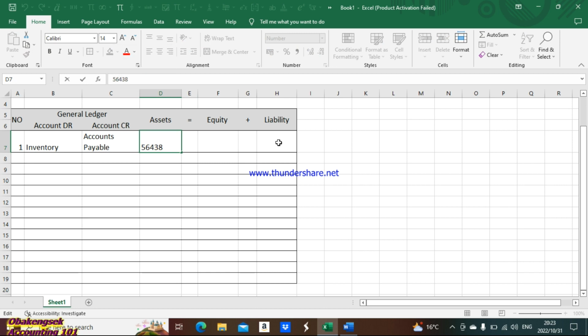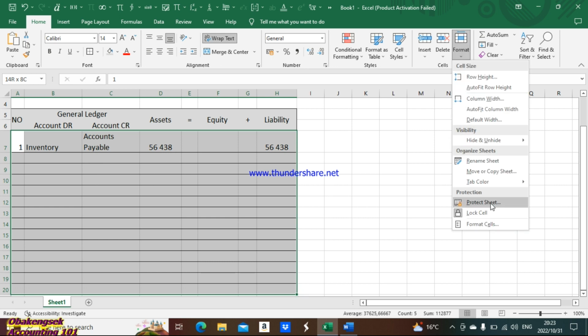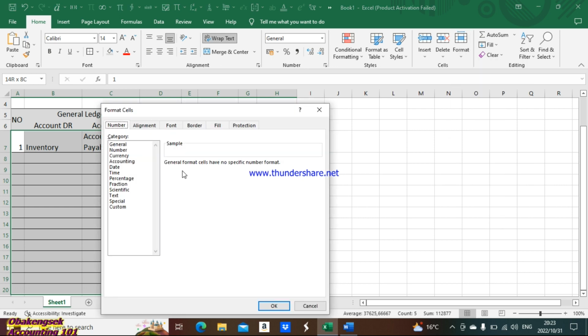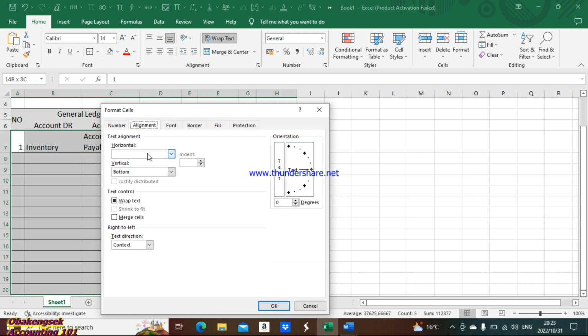Then in our liabilities, because accounts payable is a liability, it's 56,438. So that's how it is. You guys can look at what I do if you just want to make sure that your things look perfect.